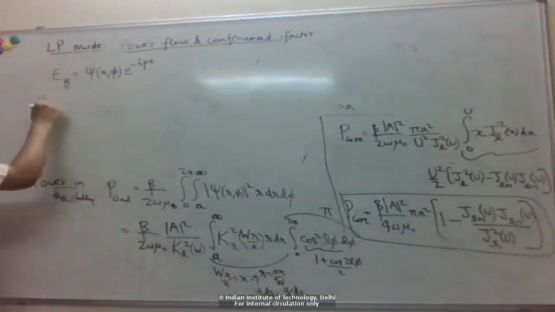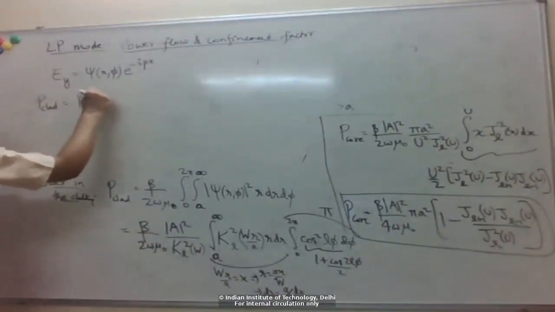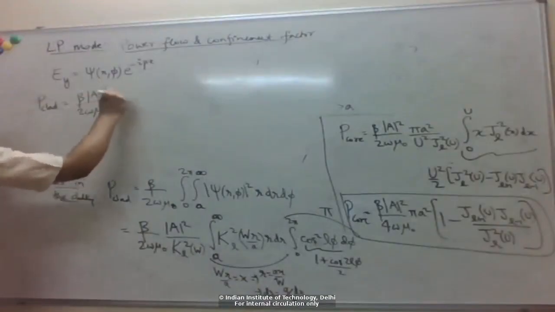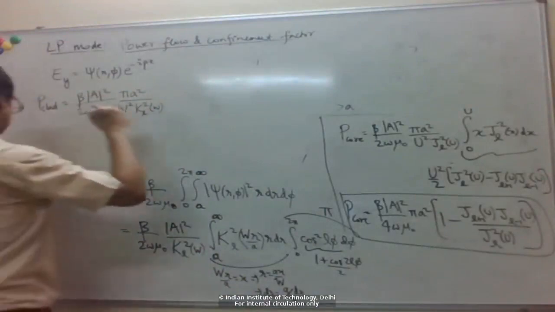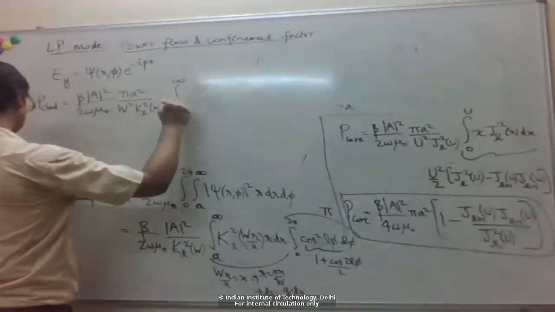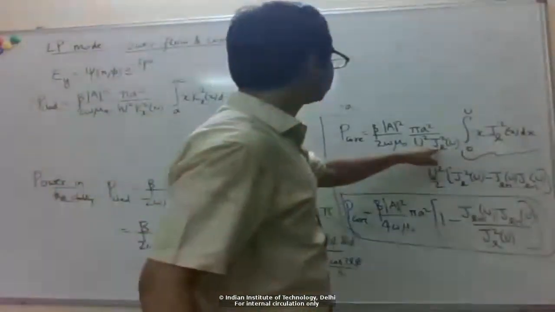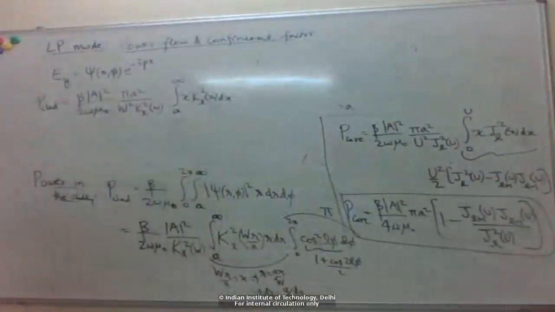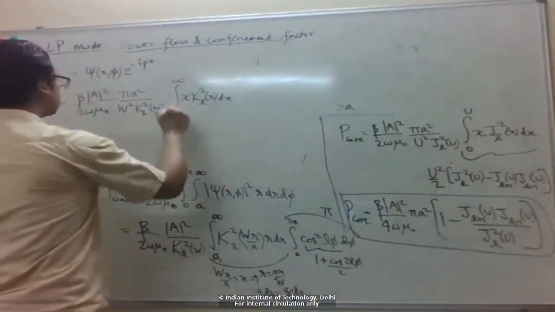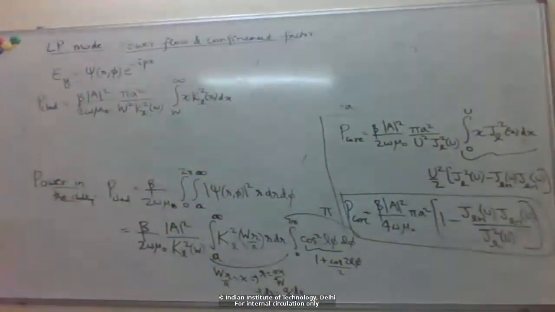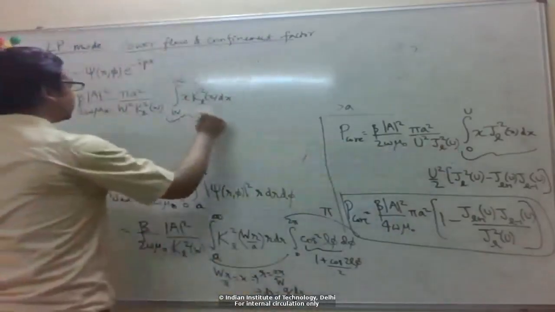So we get this for the cladding. It is basically the same expression here, except you replace J with K and U with W. The integral limits of course change, so now this becomes W. And again, for this modified Bessel function you also have a similar relation for the integral.